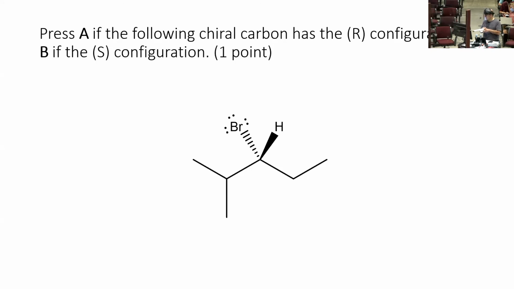Yeah, those are the only two answers. Yes, just A or B. A for R, B for S. And you can see the structure on the Zoom screen. I'll let this go to 3 minutes. That's really weird. It worked fine in the last class.